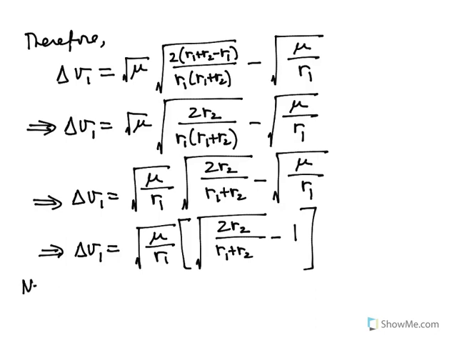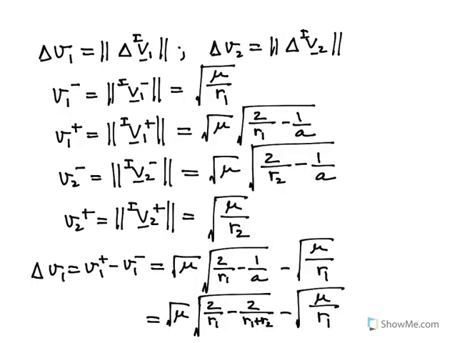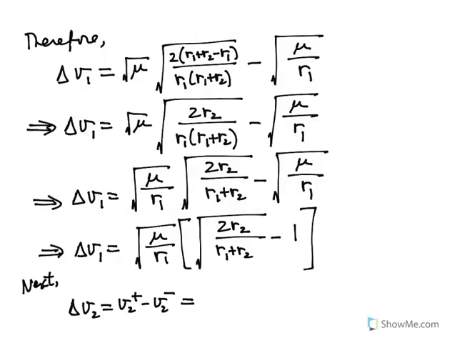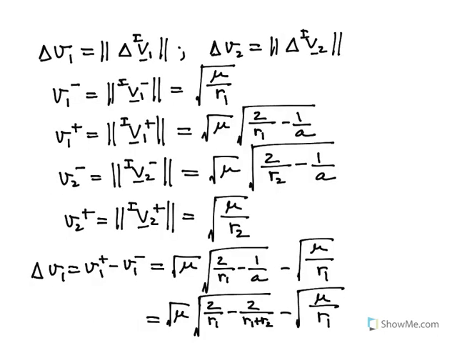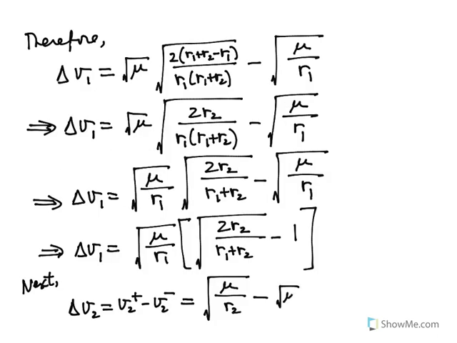So next, we know that delta v2 is equal to v2 plus minus v2 minus, which is equal to, well, let's go back over here. v2 plus is equal to the square root of mu over r2. So I've got the square root of mu over r2 minus v2 minus, which is equal to the square root of mu times the square root of 2 over r2 minus 1 over a. So now let's work on this expression a little bit.